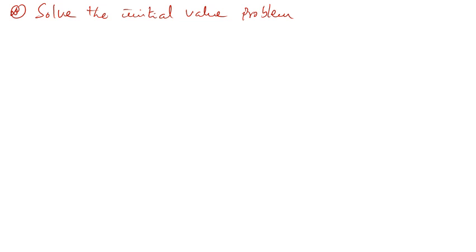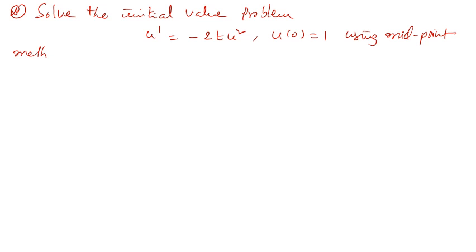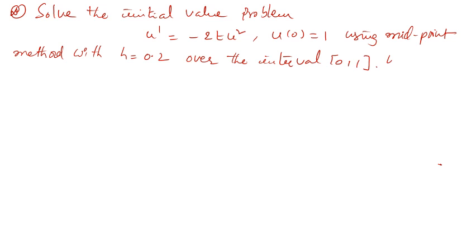Solve the initial value problem u dash equal to minus 2t u square, with u of 0 equal to 1, using the midpoint method with h equal to 0.2 over the interval 0 comma 1.